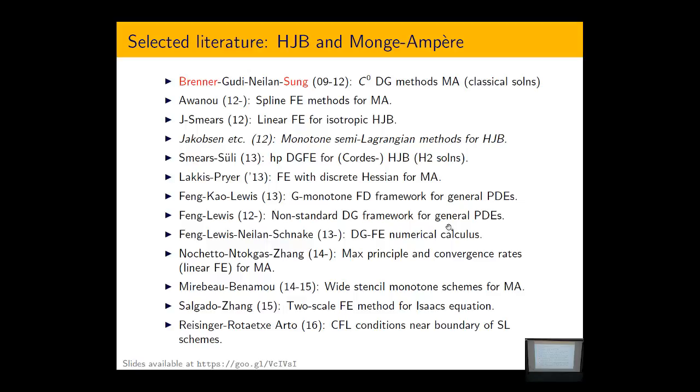And another paper I should mention, which I didn't put in italic letters because it's very new, we became aware of it only recently. It's by Christoph Reisinger and his co-workers, but it follows some very similar ideas as well. He also looks at semi-Lagrangian schemes for very similar problems, and he thinks about CFL conditions near the boundary to discuss boundary issues.